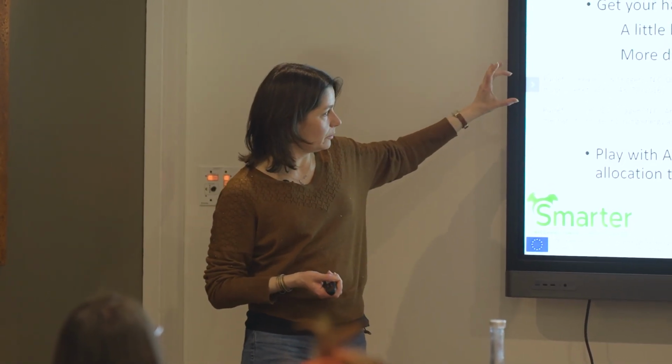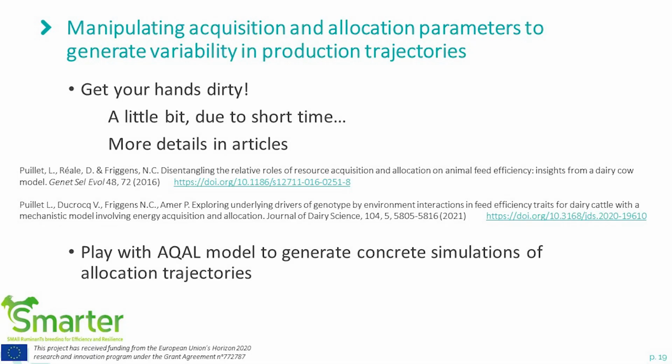If you want to know a bit more about the model we're going to use, I added two references where you will find the full description of the model. But the idea for the next hour is really to play with the model to generate simulations and for you to understand how it works.